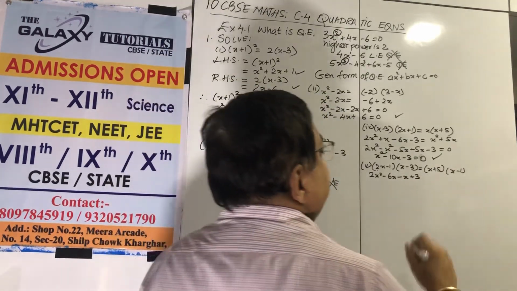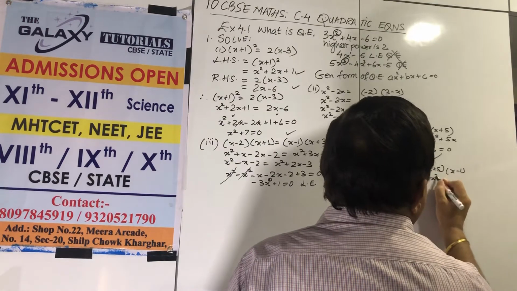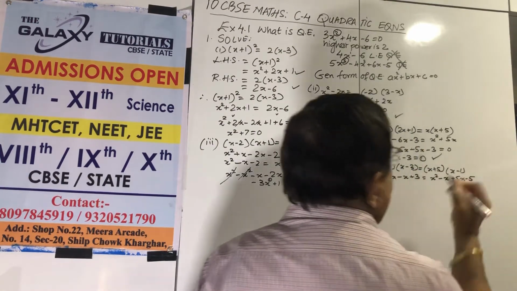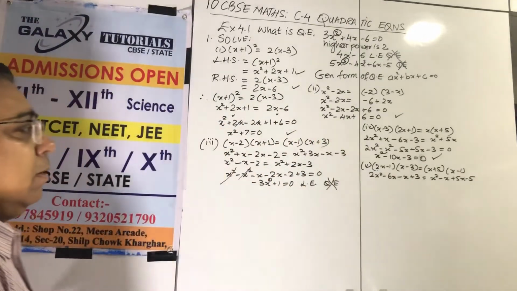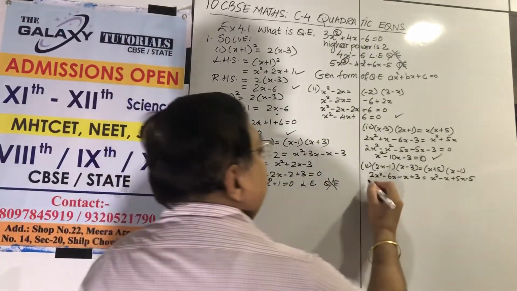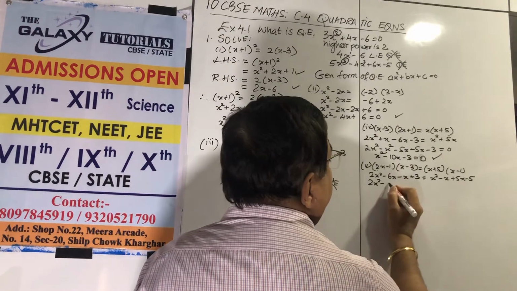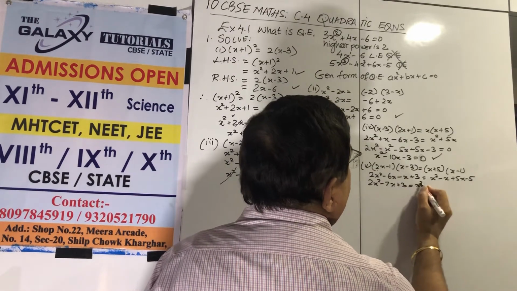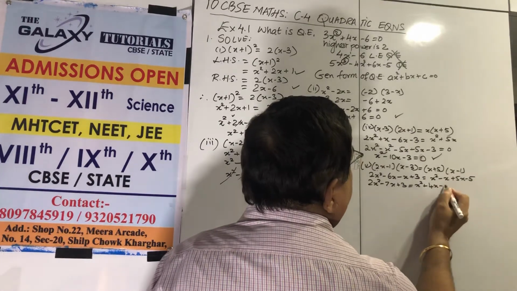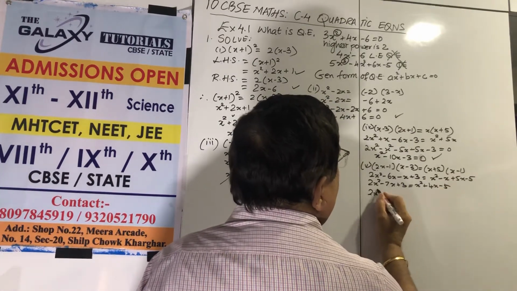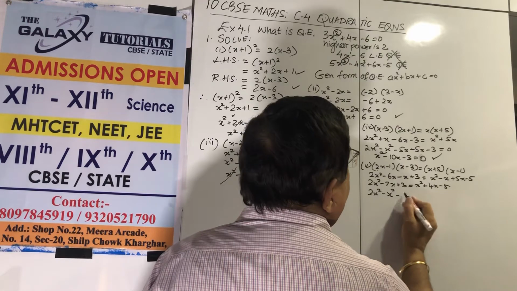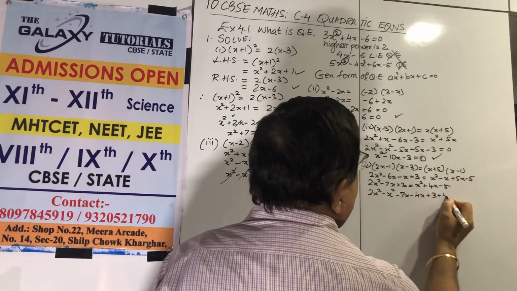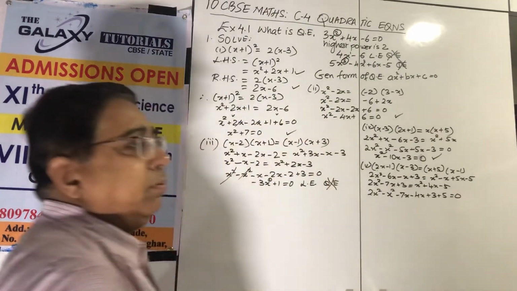Be careful with the signs. x square minus x plus 5x minus 5. Getting all the terms on one side, 2x square minus 7x plus 3 is x square plus 4x minus 5. Therefore, 2x square minus x square minus 7x minus 4x plus 3 plus 5 is 0.